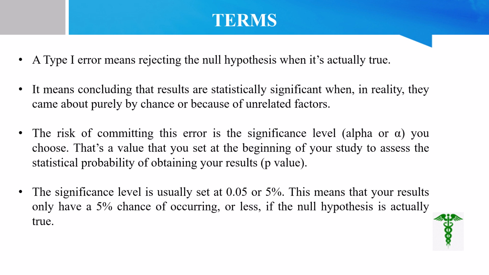That is a value you set at the beginning of your study to assess the probability of the result, the p-value. For type 1 error, the significance level is usually set at 0.05, or 5%. It means your result only has a 5% chance or less of occurring if the null hypothesis is actually true.